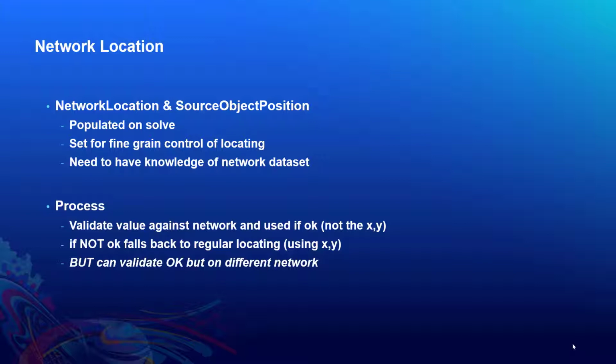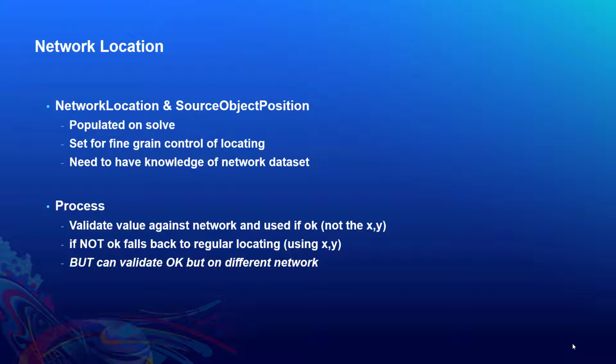But to use them, you need to be very familiar with the network that you're locating on. So the process by which these properties are used is, first, the values are checked against the network being used to see if they are valid. And if they are, we use these for locating, and the XYs will just be ignored. If they're not okay, the locating will just fall back to using regular XYs.